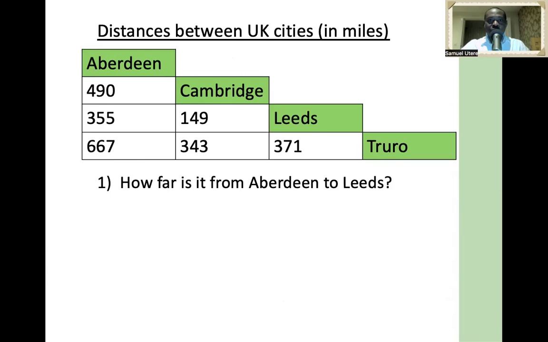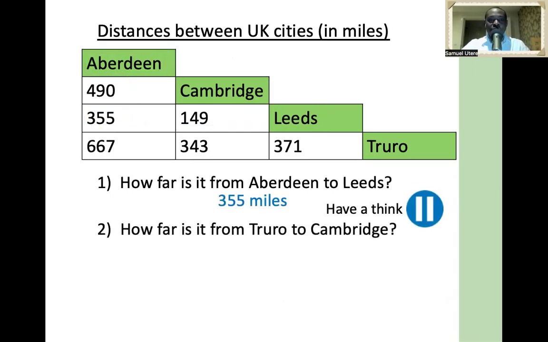The way this works is we go down the column where Aberdeen is, and we go across from where Leeds is. Where they meet is the distance between Aberdeen and Leeds. So that's 355 miles.